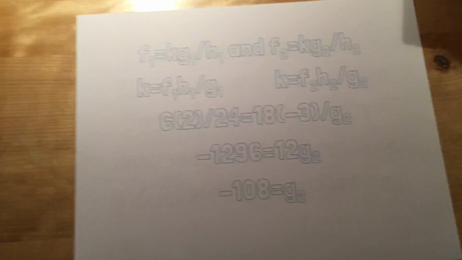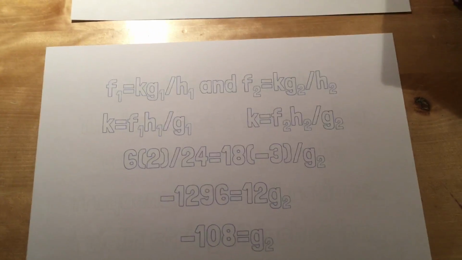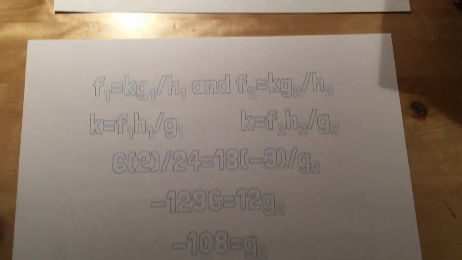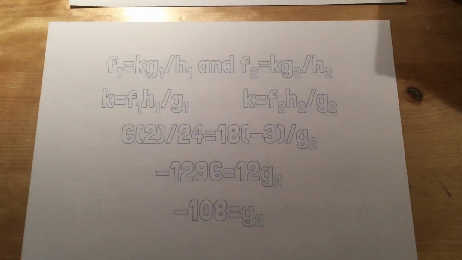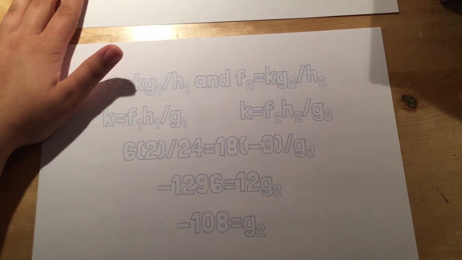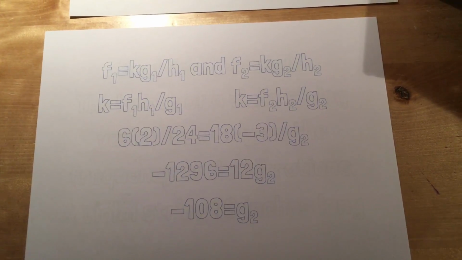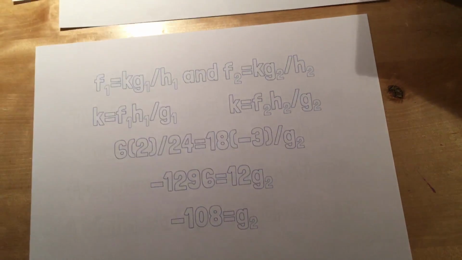Remember, we'll start off with our two equations: f1 equals kg1 over h1, and f2 equals kg2 over h2. You can see we subbed in the variables for f, g, and h because in the example problem, they gave us f, g, and h, and we didn't want to confuse you with k and z, x and z.